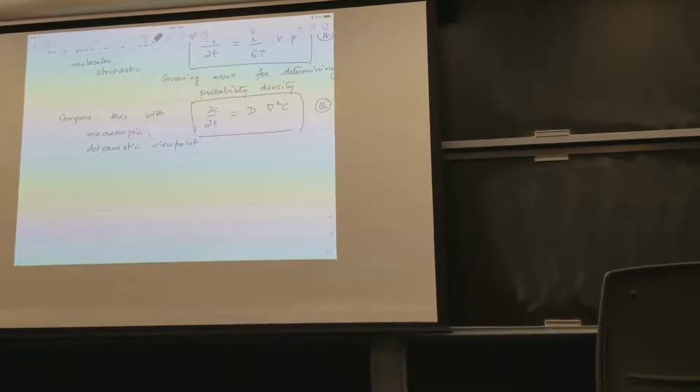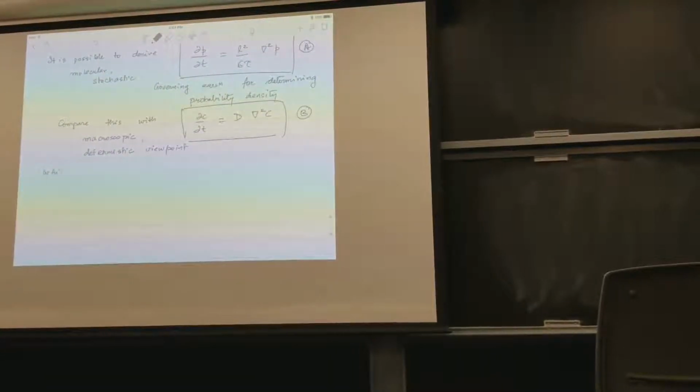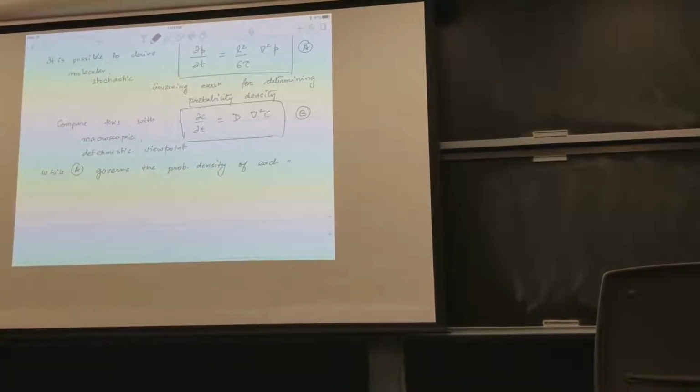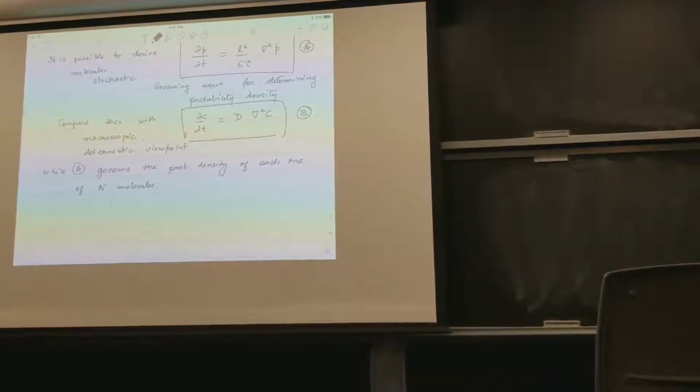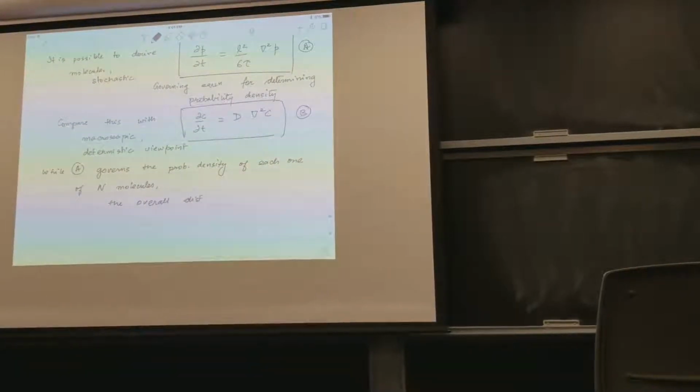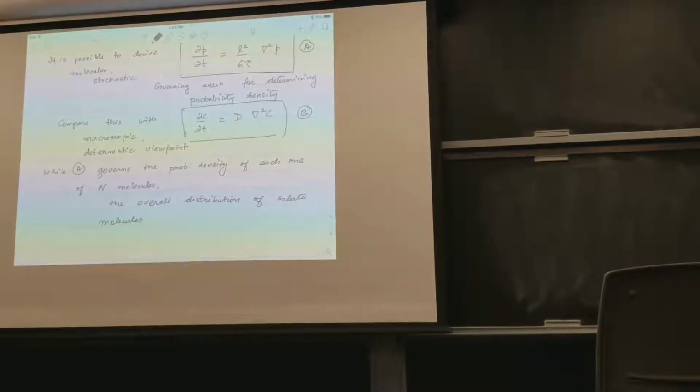So while A governs the probability density of each one of n molecules, the overall distribution of solute molecules is of course the sum total of all these probabilities at any instant.